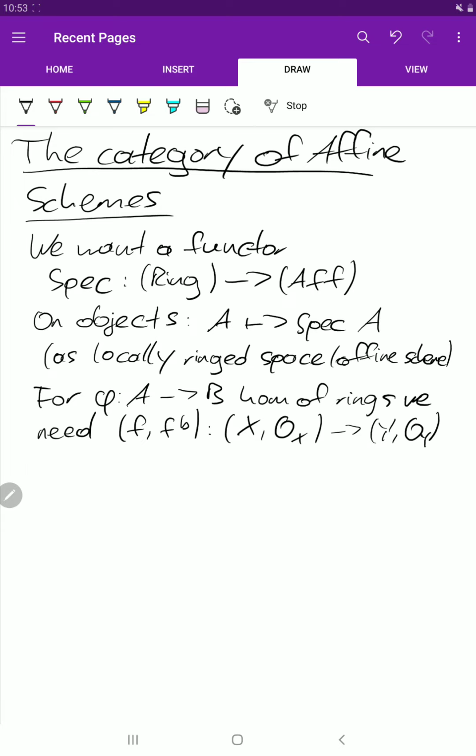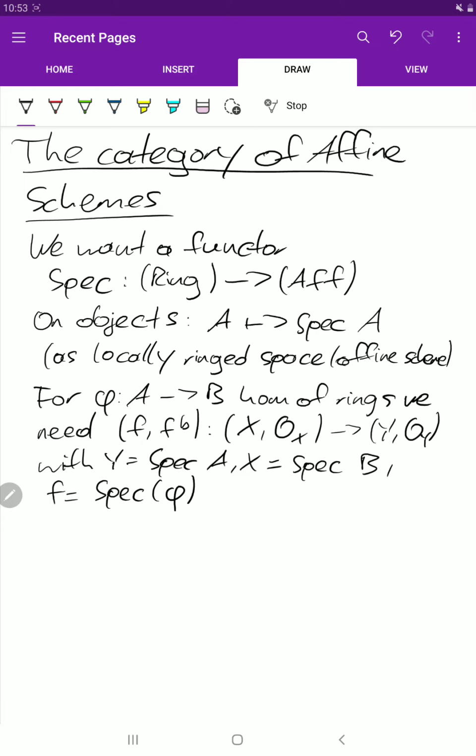And of course, Y is the spectrum of A and X is the spectrum of B, and f is just the spectrum of phi, so now viewed as a functor into topological spaces. So this is the map on topological spaces.